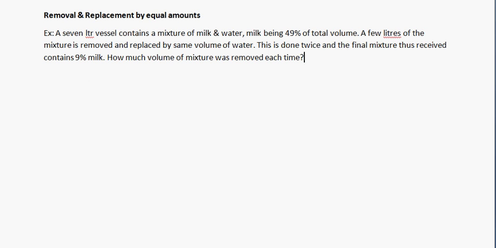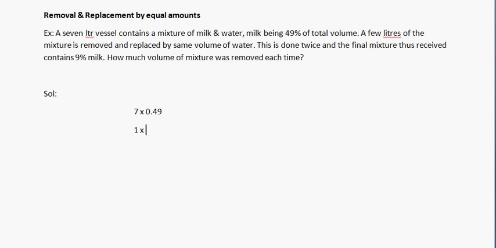When you remove something, for example, what do we mean by 49% of the total volume? This means if we have 7 liters, the amount of milk is 7 into 0.49. This is the amount of milk. Now if we remove 1 liter out of it, how much milk would be there in that 1 liter of solution?